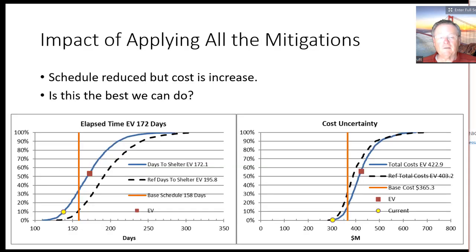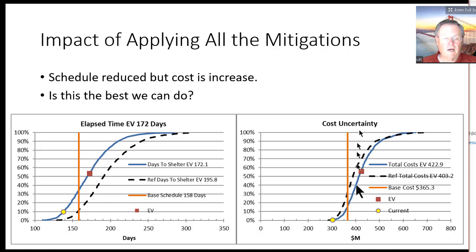So what is the impact of all these mitigations? Well, on the time, it takes our reference days of 196 and reduces it to 172. You can see how the S-curve moved to the left here. Here's our baseline. Before we were here, what we said was 15%, and now it looks like we're closer to 35%.